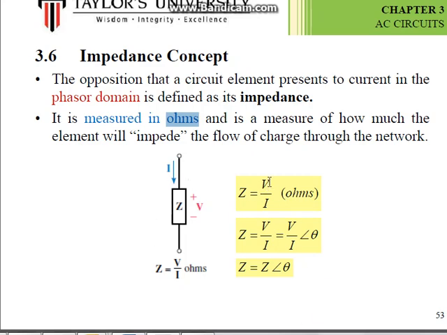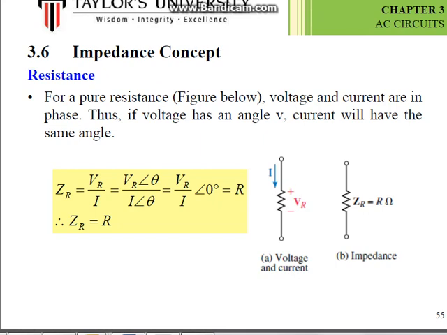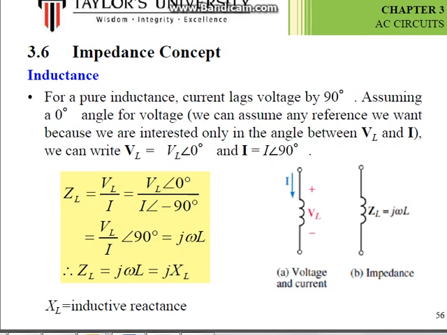So V equals to IR, remember, so instead of R we use Z. Impedance can be of, just like I mentioned just now, resistance, capacitance and inductance. For purely resistance, your impedance will basically just be R, nothing changed over here.